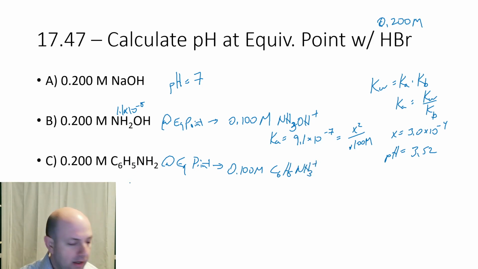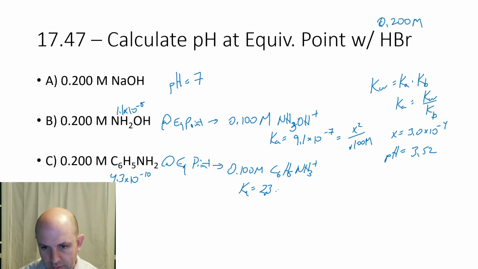If we look in the appendix here, aniline is 4.3 times 10 to the negative 10th for its Kb. So then if we apply the same equation that we did before, the Kw divided by the Kb, in this case, the Ka for the protonated aniline is 2.3 times 10 to the negative 5th.